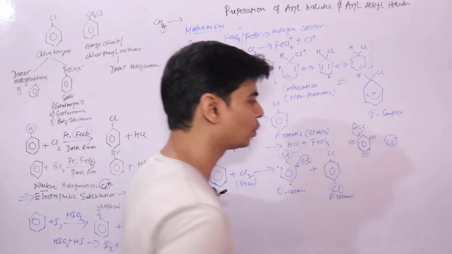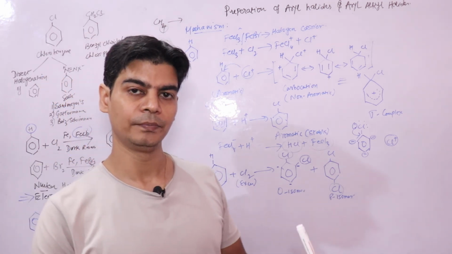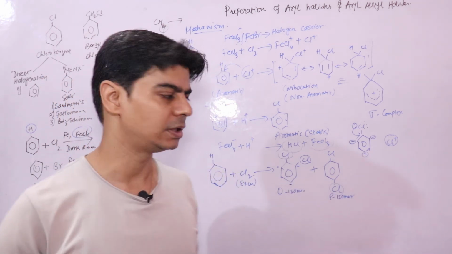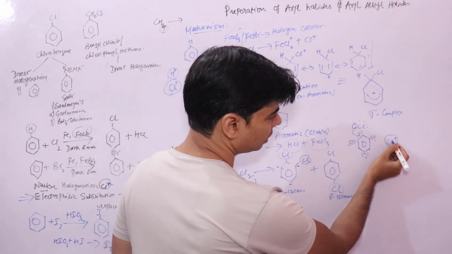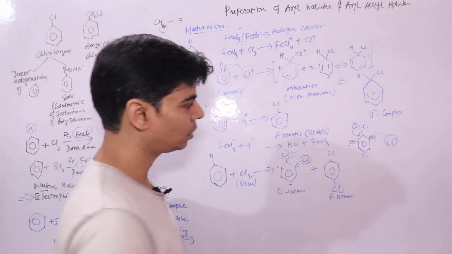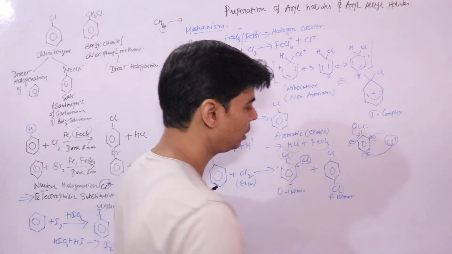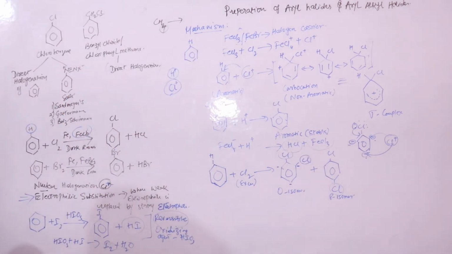Chloronium ion, which is an electrophile, will always attack at sites of high electron density, right? So either chloronium ion will attack at ortho position to form ortho isomer, or it will attack at para position to form para isomer. That is why you get ortho and para product, right?